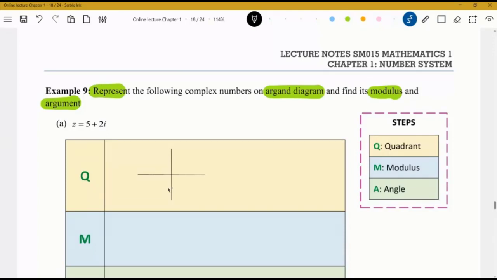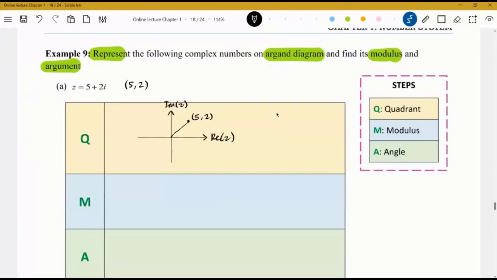So basically koordinat kita adalah 5 and 2. So dua-dua adalah positive, it must be on the first quadrant. Okay, so that one is the Argand diagram. So ini adalah imaginary, ini adalah real part.